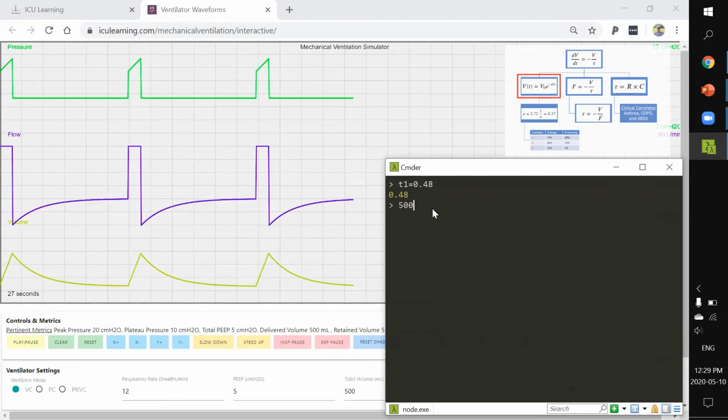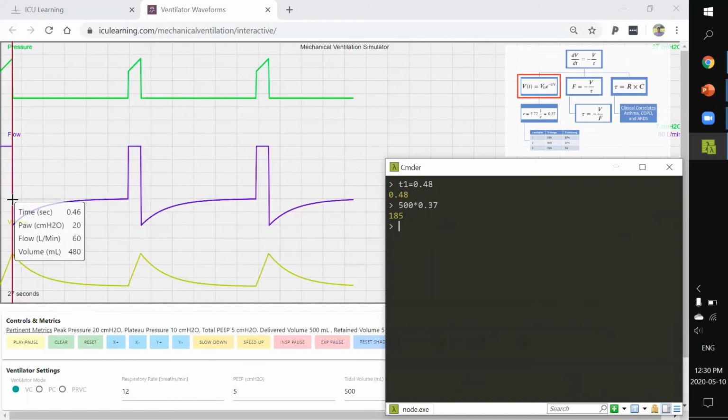If I am doing 1 tau, that means the patient would have 37% remaining after 1 tau of time. And so 500 times 0.37 equals 185 milliliters. I go back to my simulation screen.